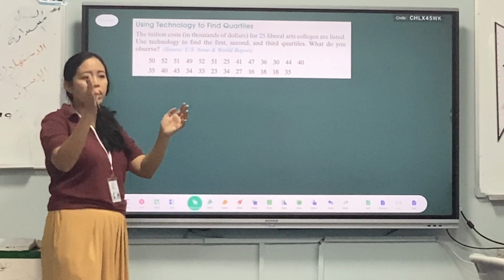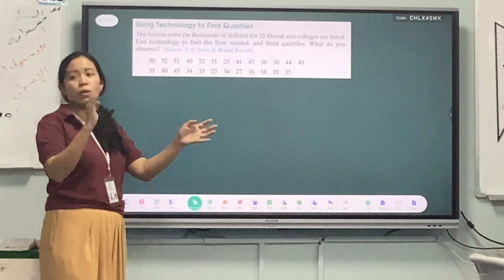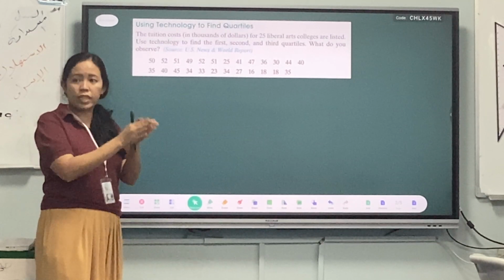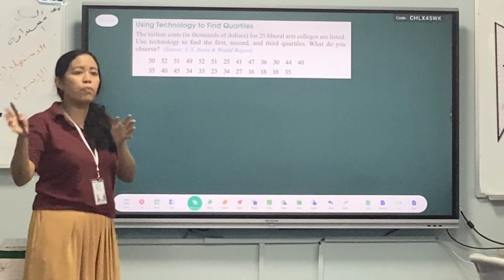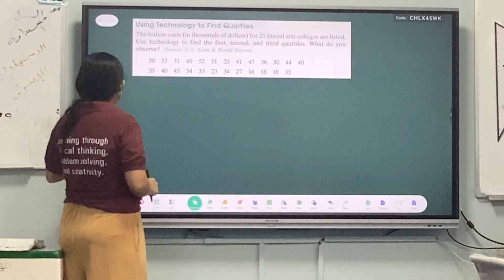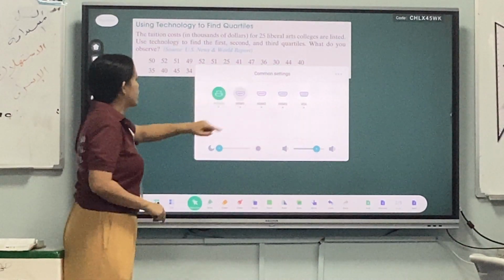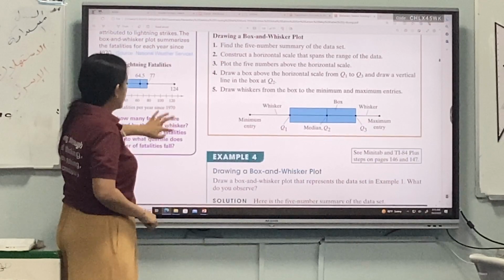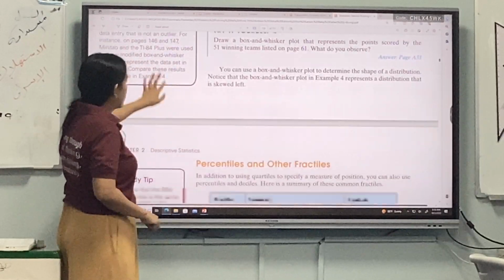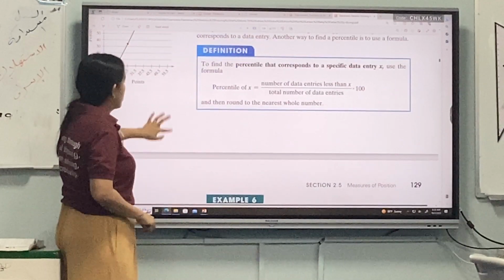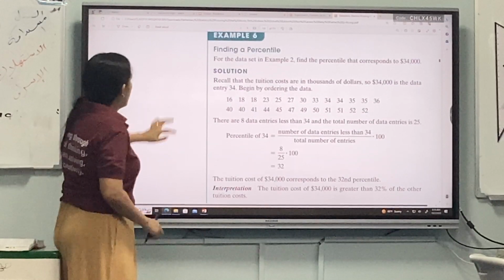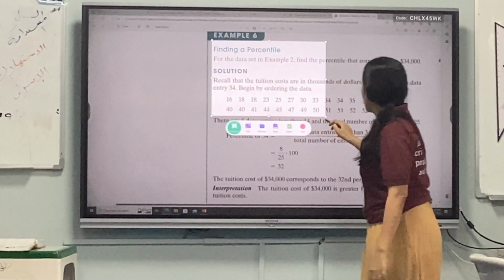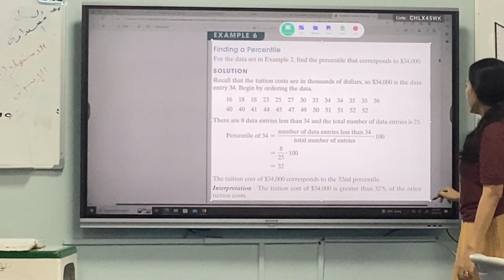Quartile 1 is the median from the minimum to quartile 2, and quartile 3 is the median from quartile 2 to the maximum. But the question here in example number 6 is that you need to find the percentile.